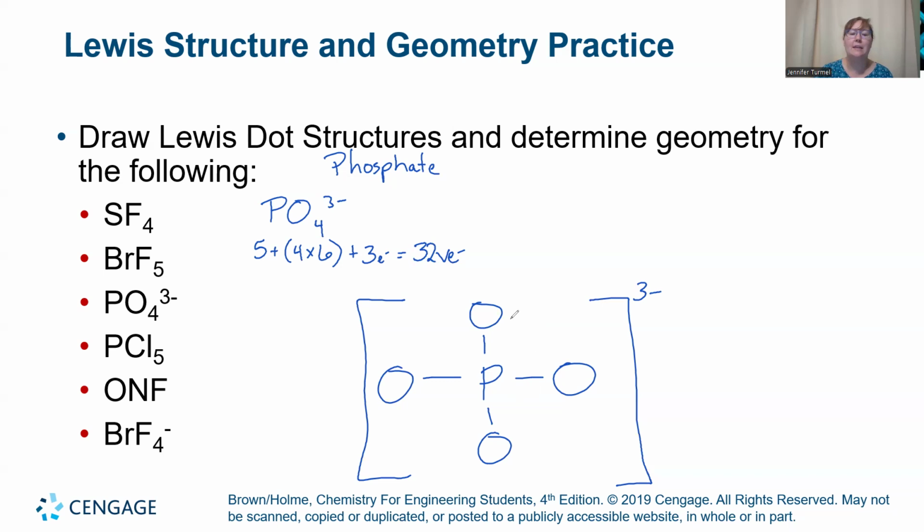So I have 8, 10, 12, 14, 16, 18, 20, 22, 24, 26, 28, 30, and 32. Okay. And this is a completely legitimate Lewis structure.